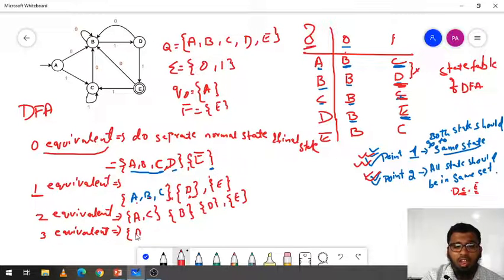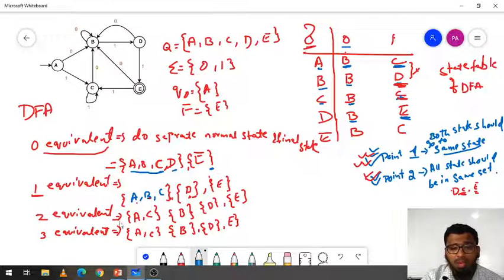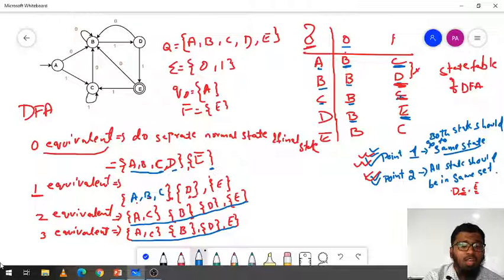So here A comma C is equivalent, and write down the same B comma D comma E. So here if you get the same output as previous, then you must stop the calculation, otherwise you will get the same only.